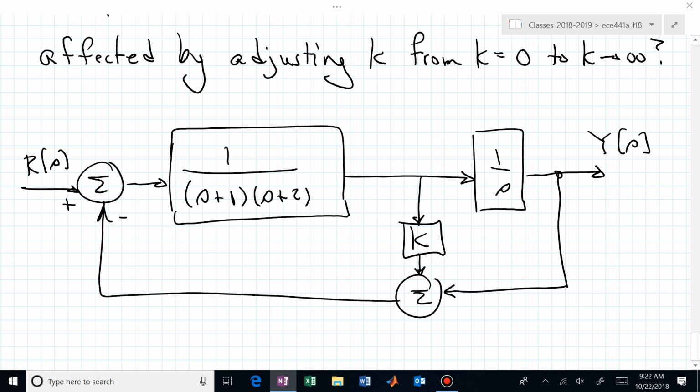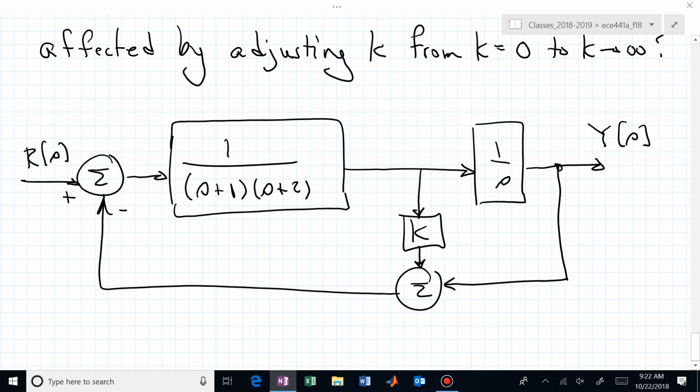So for whatever reason, this is now our configuration, and we want to sketch the root locus associated with this diagram, and in particular, where do the closed loop poles belong in the complex S-plane as K is adjusted from 0 up to infinity in this diagram.